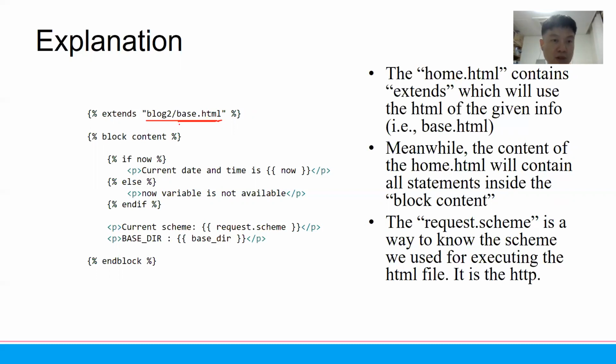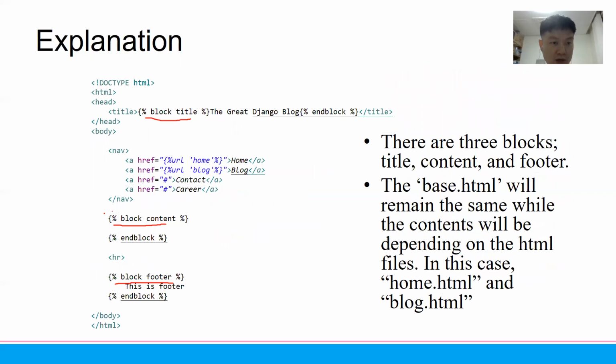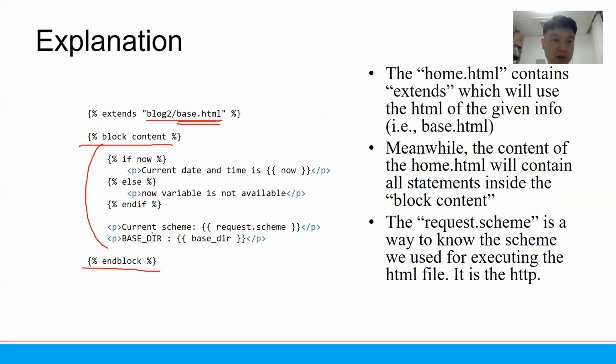You're using all the things from the base.html, but the content, starting from this part until this part, will be the content that you put into the content here. Everything in the home.html, if it is surrounded by the block content, will be filled into your website.